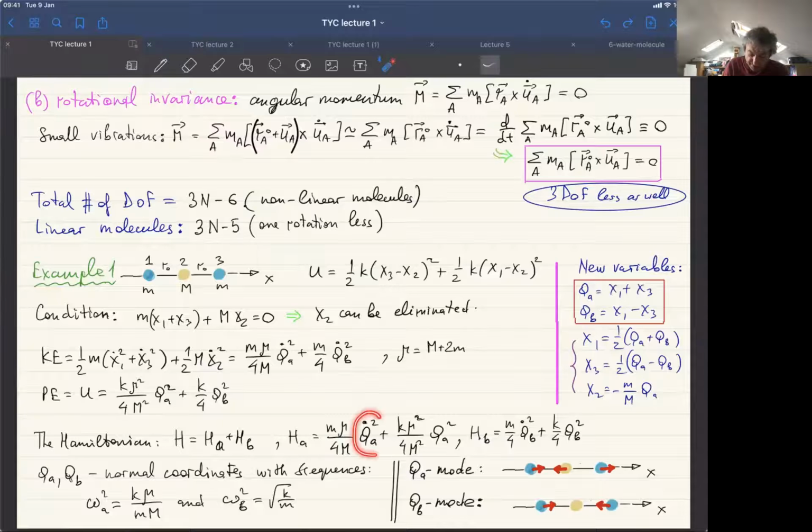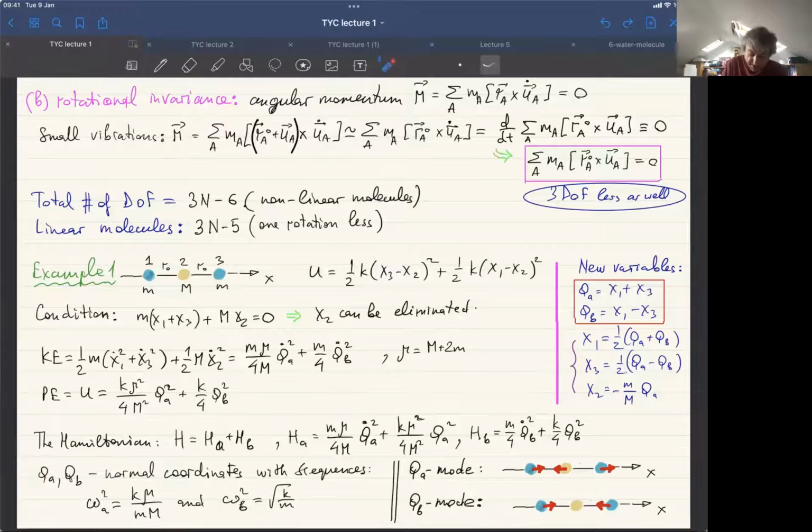Here we have this prefactor, which is m/2, with m being some effective mass, and this is the kinetic energy, and kQ²/2, with k being the effective spring constant. All right, not that k, another k.